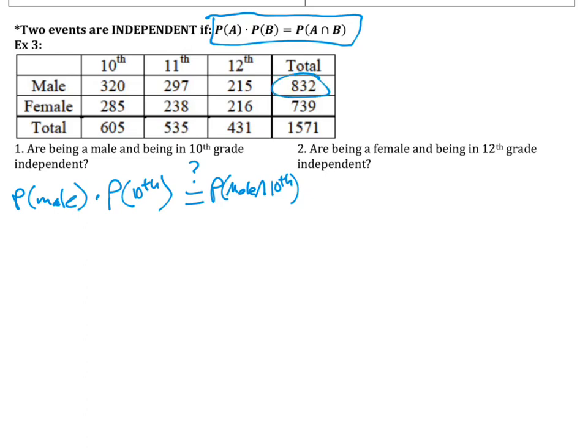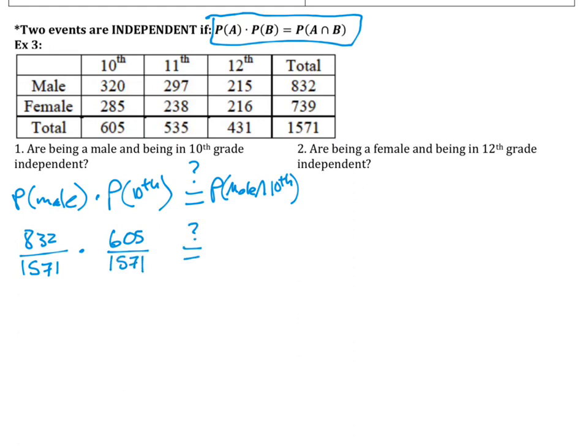So we've got probability of male. Well, there's 832 of them out of the 1,571, which is kind of a lot, but that's okay. We're just going to write out our little fractions here. We need to times that by the probability of being in 10th grade out of the 1,571 there. So we've got 605 10th graders out of the 1,571.